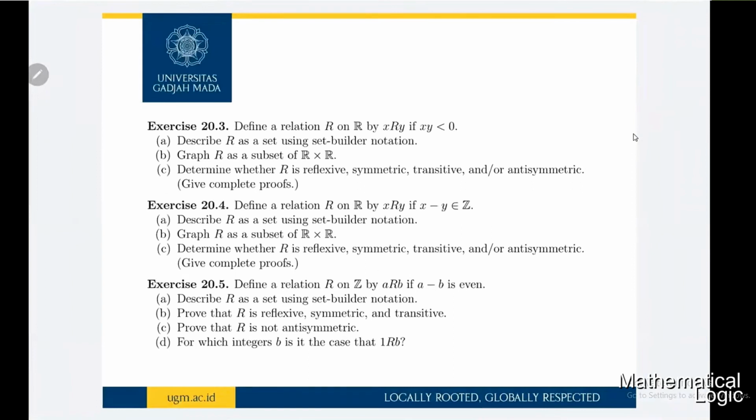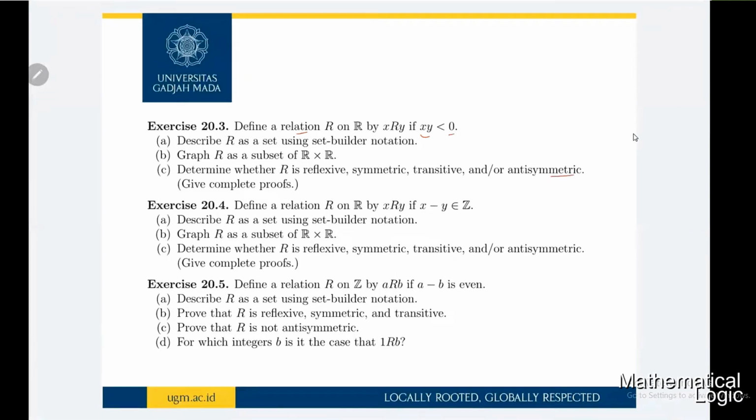Hopefully you already catch the idea about reflexivity, symmetry, and transitivity or anti-symmetry. So here we define a relation on R. In R cross R, X is related to Y if X times Y is less than 0. So what is the meaning here?